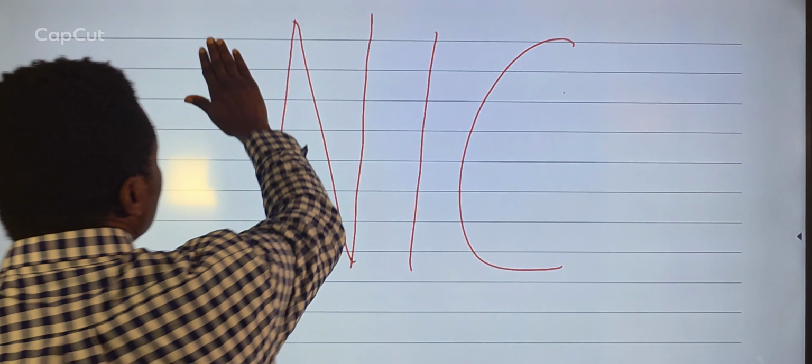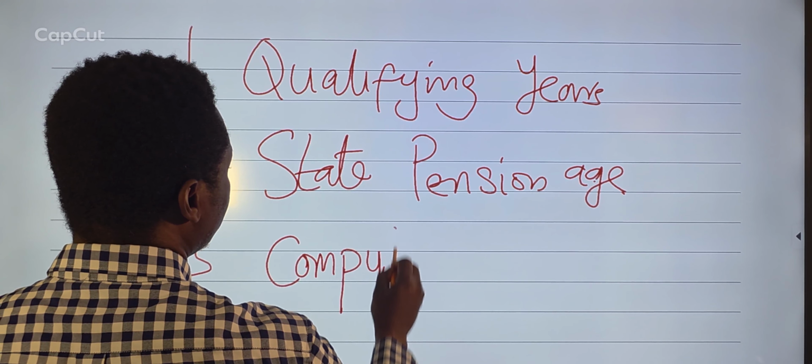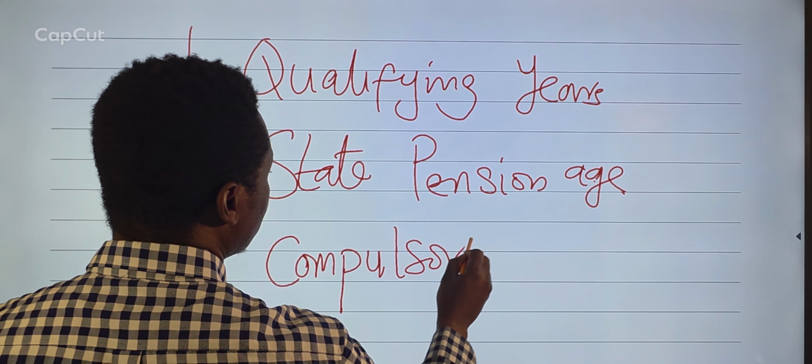Then the third one is the compulsory application form. Those are the three things we are going to look at. The number one is qualifying years.